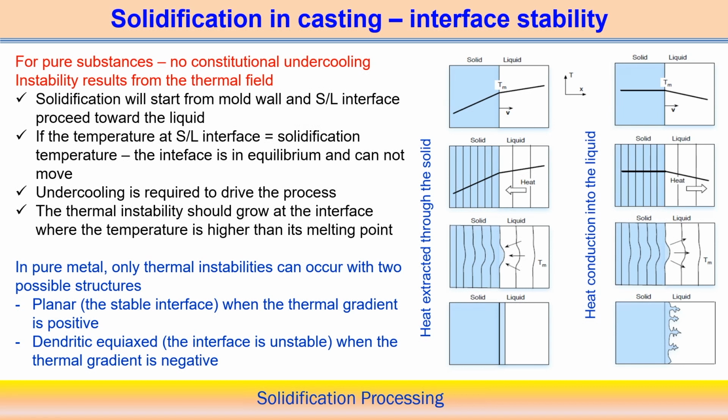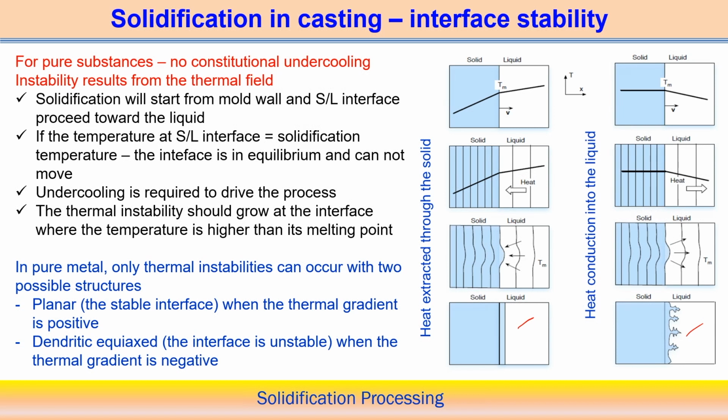Here we can see the 2 different cases we consider. One is in terms of the temperature gradient in the solid and the liquid phase. In these 2 cases, the first case creates the planar interface, and the other case creates some kind of instability.